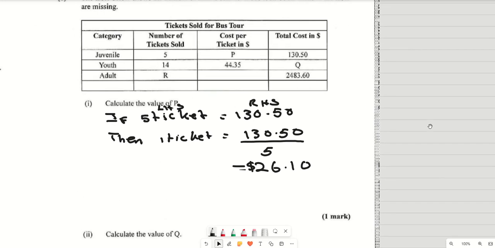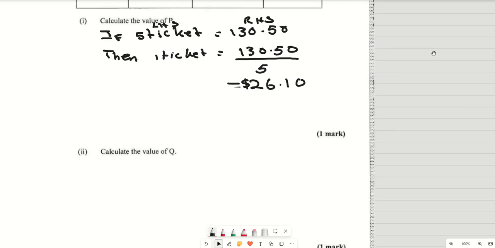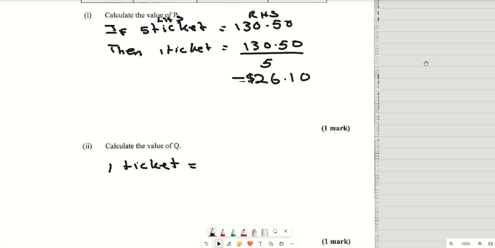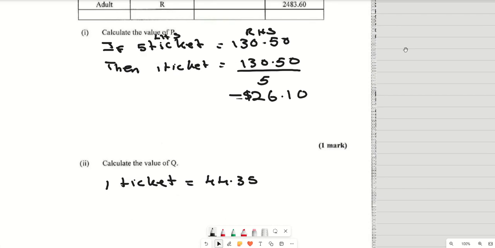They said calculate the value of Q. Q is the total cost. All right, so we know that one ticket is equal to, how much was it? That was $44.35. Right? And what is the total number of tickets they bought? Total number of tickets they bought is 14.